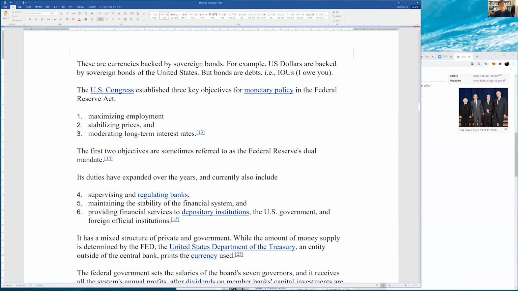It also provides financial services to depository institutions and the United States government. This is understandable, but these days they have included services to foreign official institutions. One example could be the Korean Central Bank.